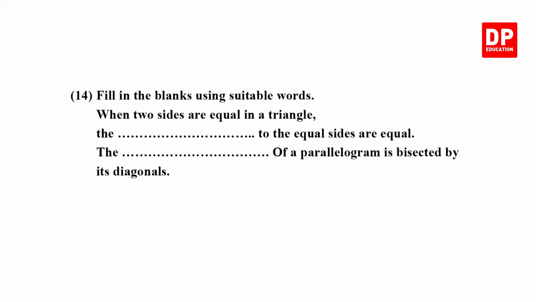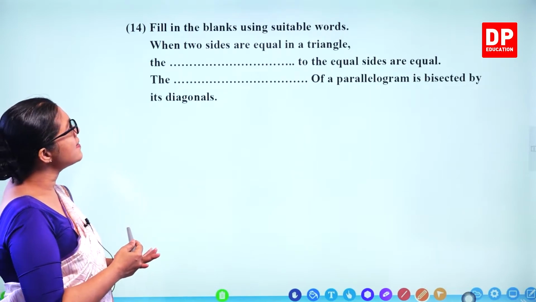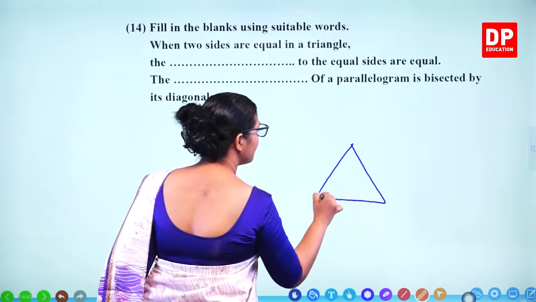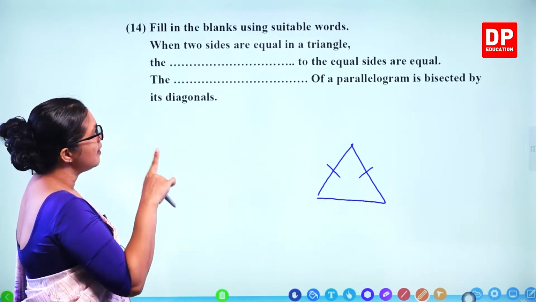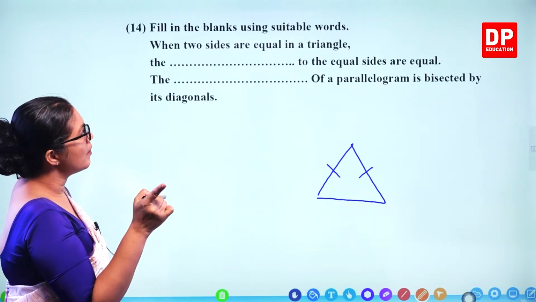Question number 14. Fill in the blanks using suitable words. When 2 sides are equal in a triangle, you have to fill the dash to the equal sides are equal.